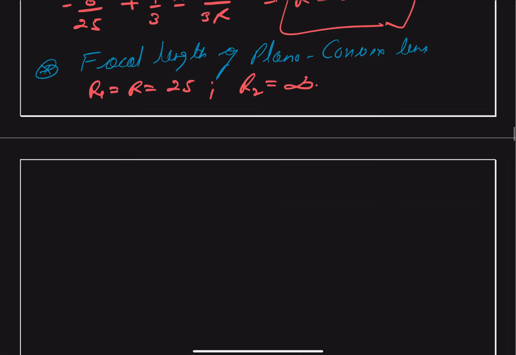So we can use the formula that 1 upon f is equal to mu minus 1 times 1 upon r1 minus 1 upon r2.